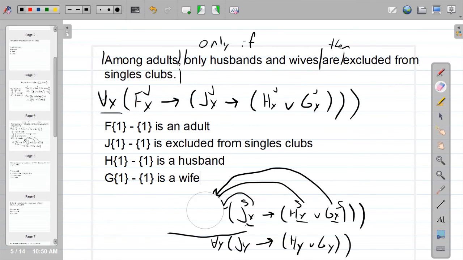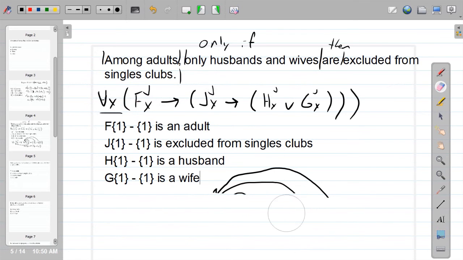This is a good question, though. It's a good question because it got me to remind you about scope and binding. If we do a conjunction between Fx and Jx, yeah. So the suggestion is, can we do the following?